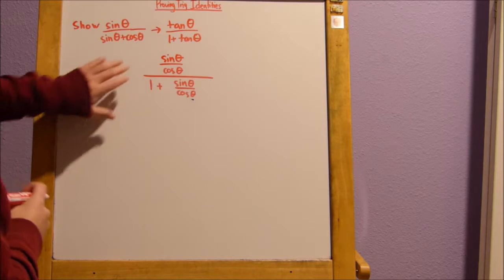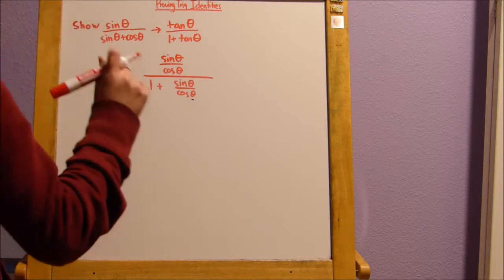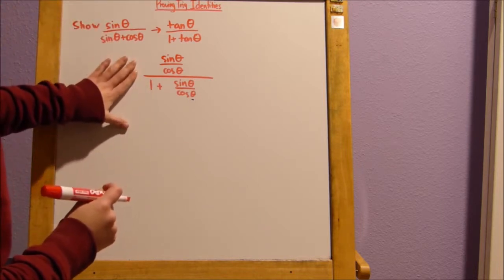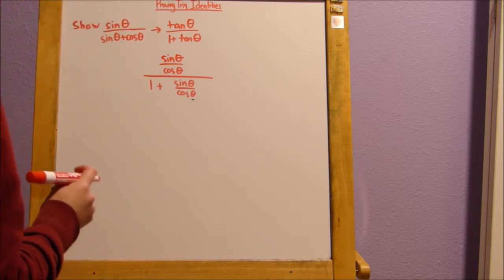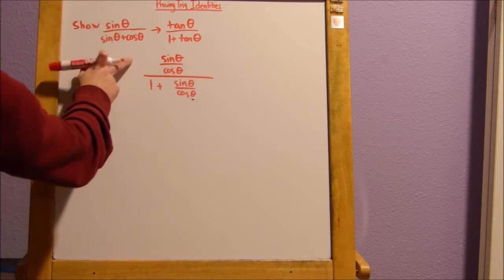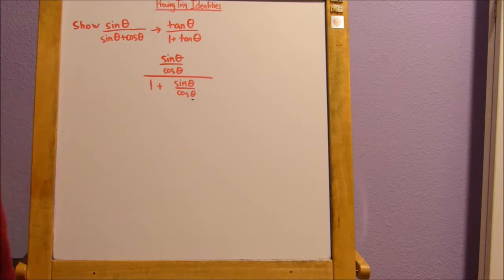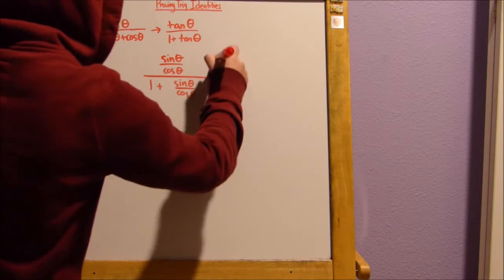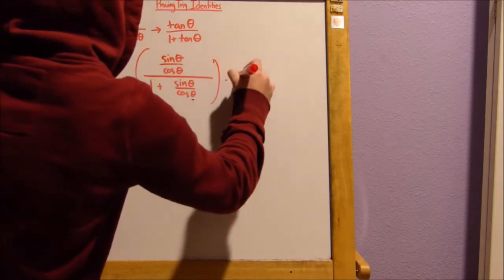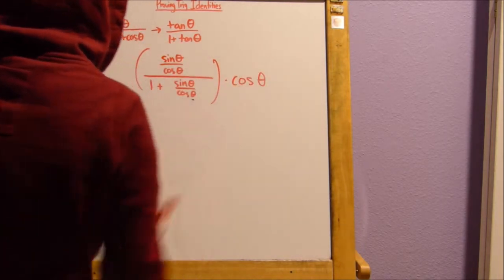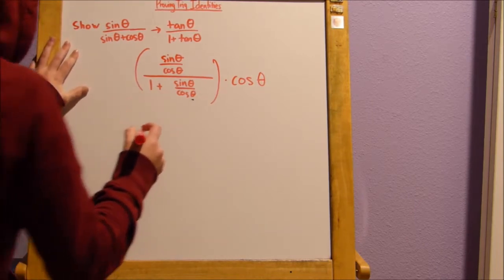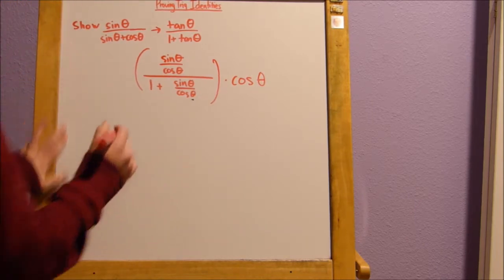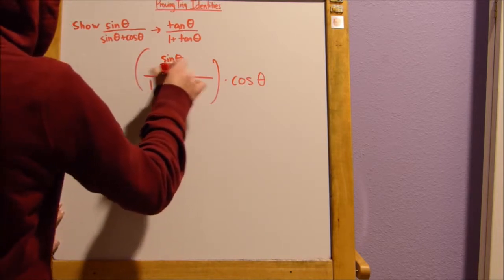So now, I'm not really digging this whole factor in the numerator. So what we're going to do is we're going to multiply everything here times cosine of theta, right? So this effectively will get rid of this.